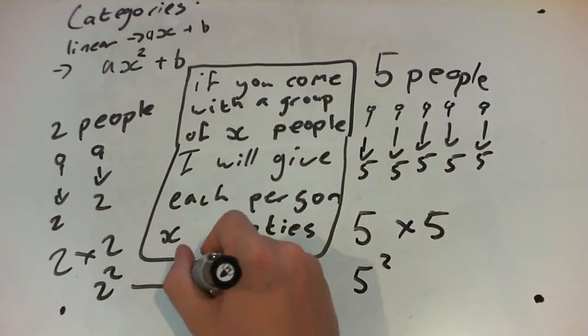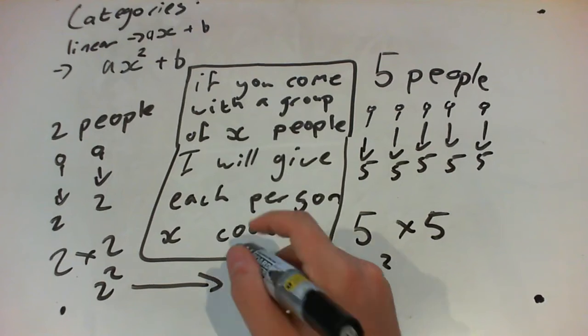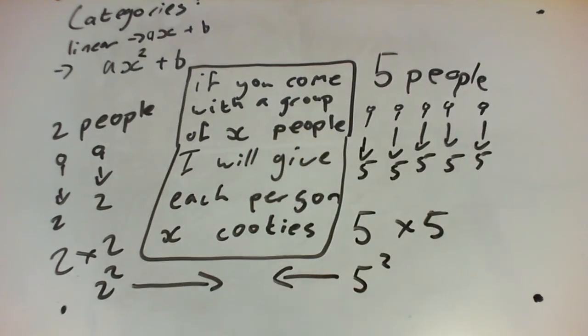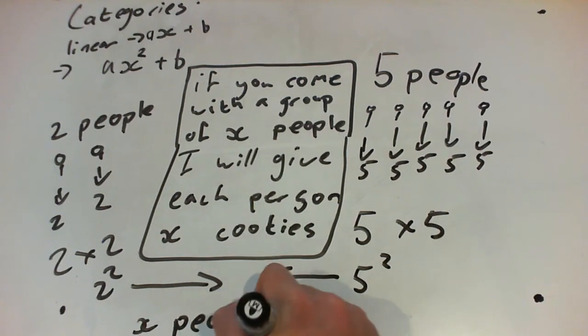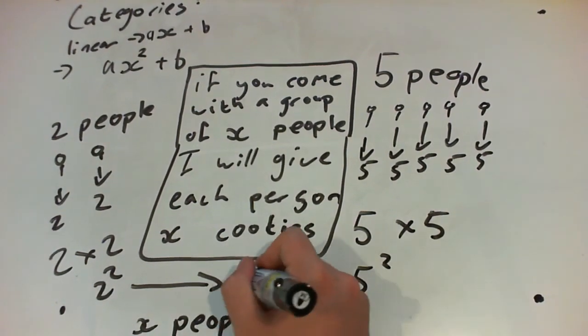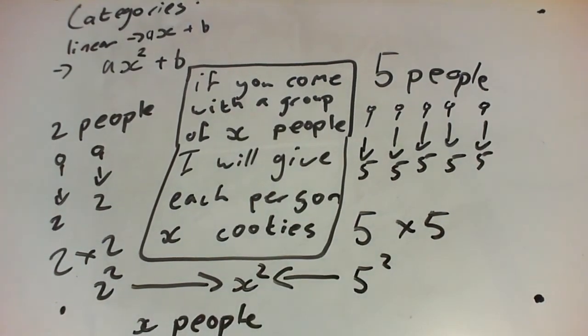Now what's the correlation between both of them? It's the number of people, x people, means you have to make x squared cookies to account for those people.